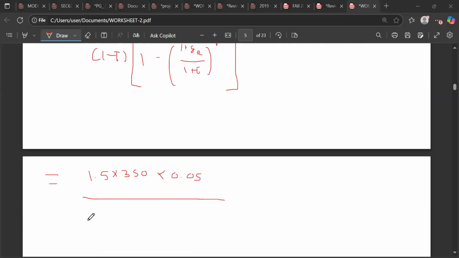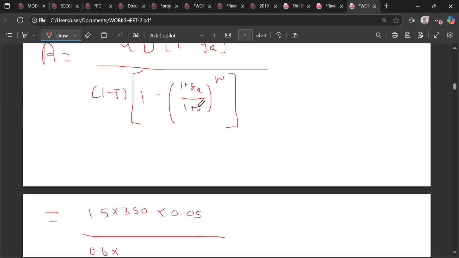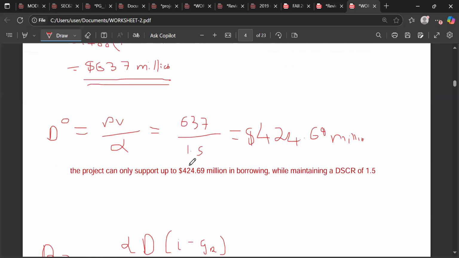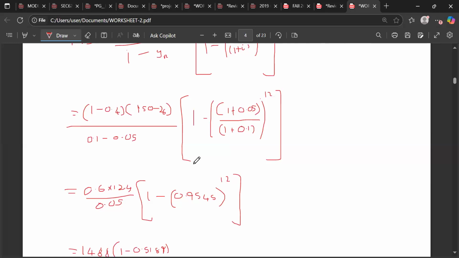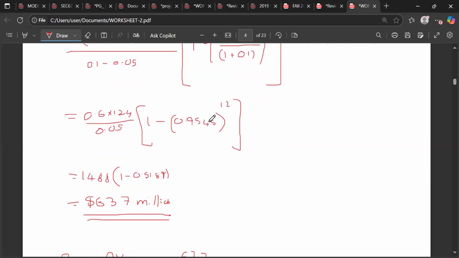T is 40%, so 1 minus t is 0.6, times what's inside here. Now what's inside here? We found all this earlier on. You recall? We found all this last time.